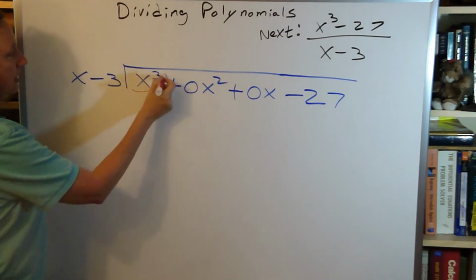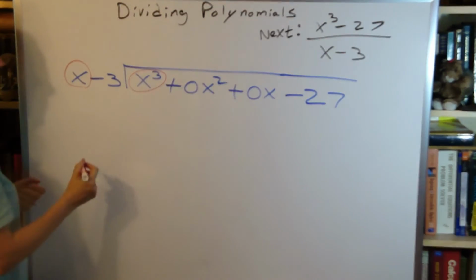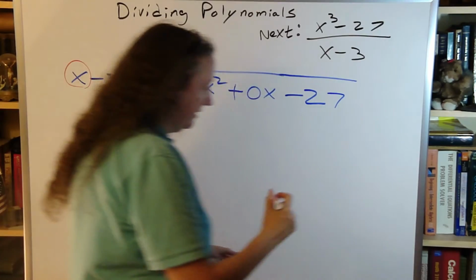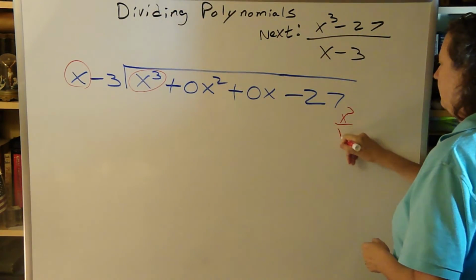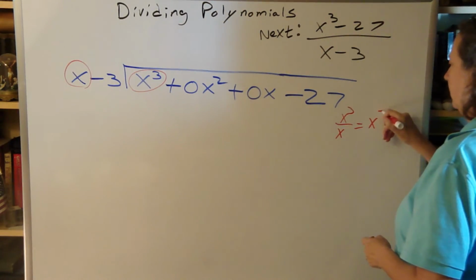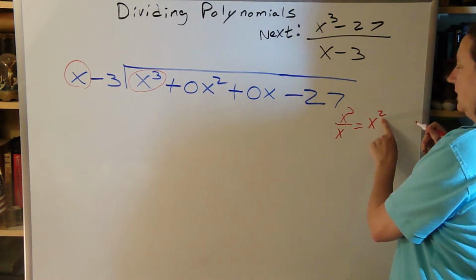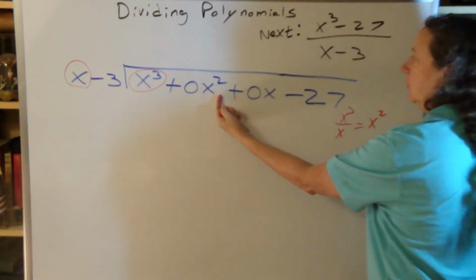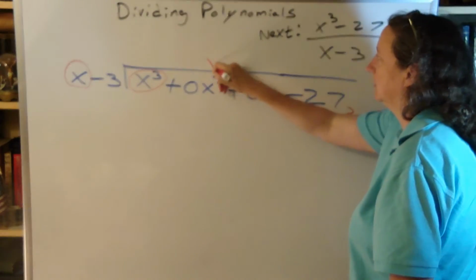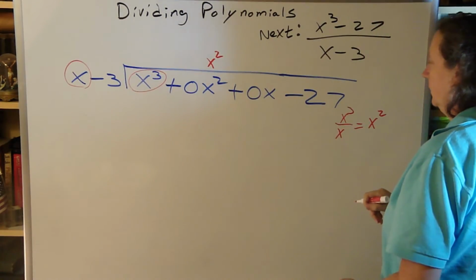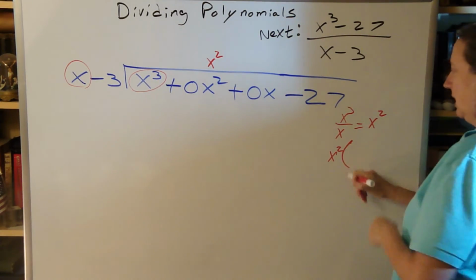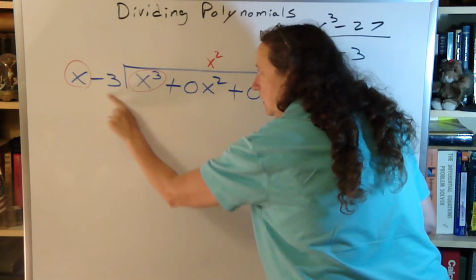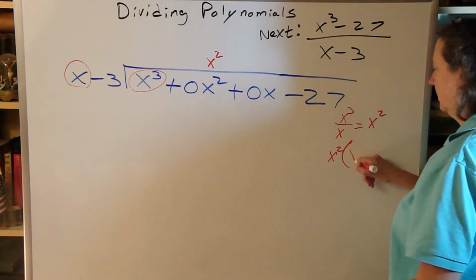I take my x to the 3 divided by x. Let me write that over here. X to the third divided by x is x squared. That has an exponent of 2, so it goes above this one. I take that x squared and I multiply it by the entire x minus 3.